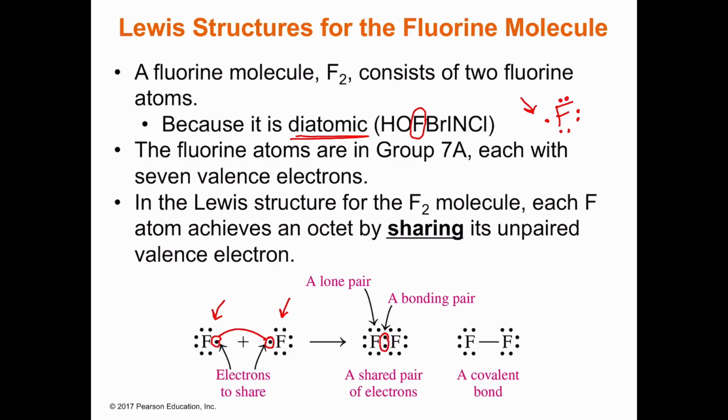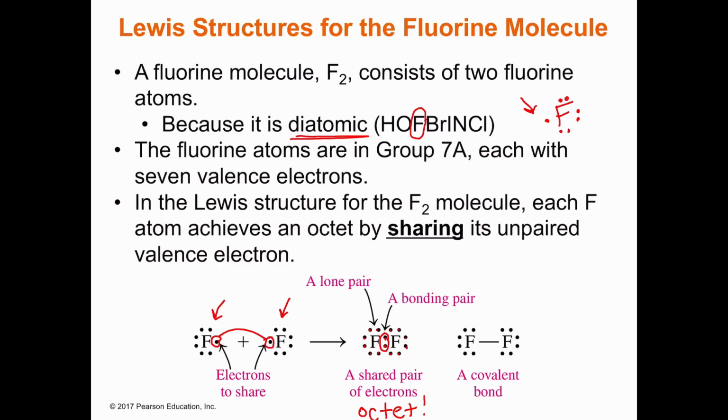So now the fluorine on the left has 1, 2, 3, 4, 5, 6, 7, 8 electrons around it, and the fluorine on the right has 1, 2, 3, 4, 5, 6, 7, 8 electrons around it. And so by sharing those electrons, now both fluorine atoms are experiencing 8 valence electrons. So they now have an octet. This is why they float around as diatomics rather than as single atoms, so that they can achieve these octets.